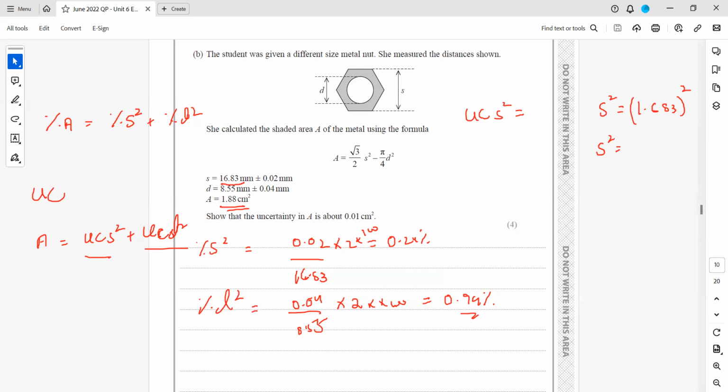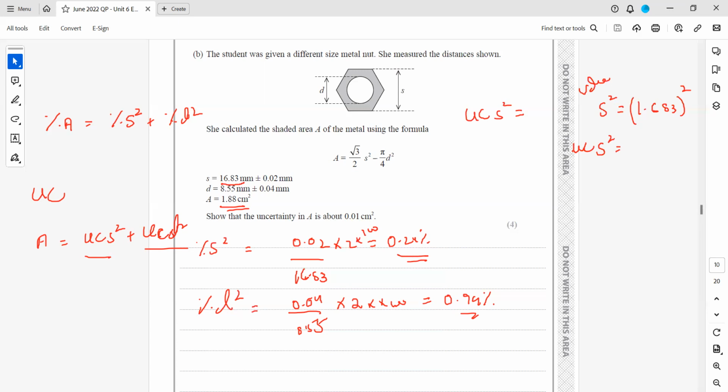So 1.683 squared, and this will be 1.68 squared. After getting this, the uncertainty is 0.24%. So we are finding 0.24% of this, because this is the value of S square, but we want the uncertainty in S square.